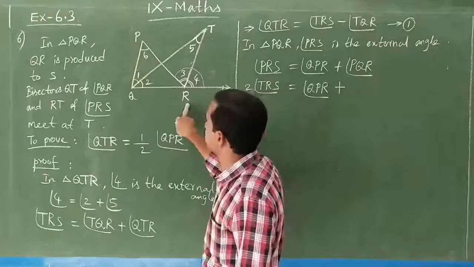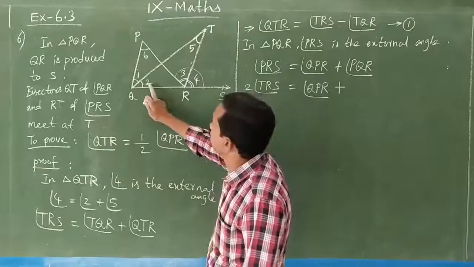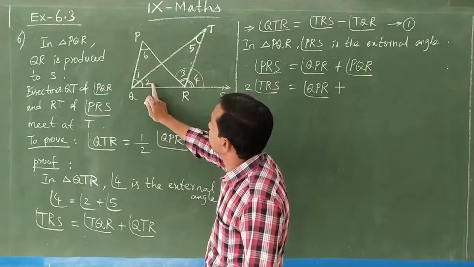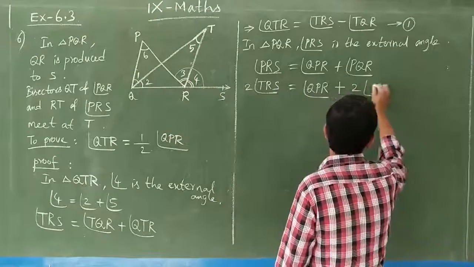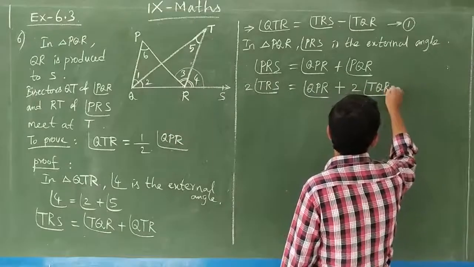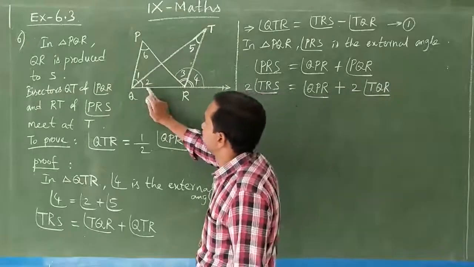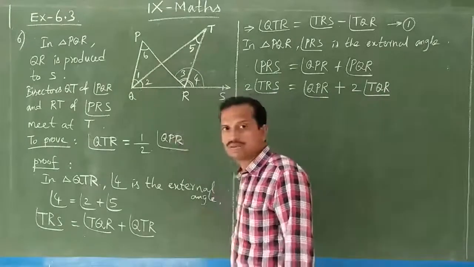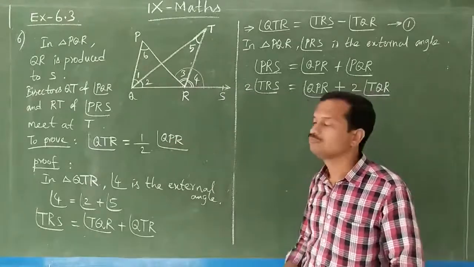PQR, that angle. In this angle, here I am going to write 2 into angle PQR. You see, this angle 2 is half of PQR. Am I right? Look carefully at the diagram.